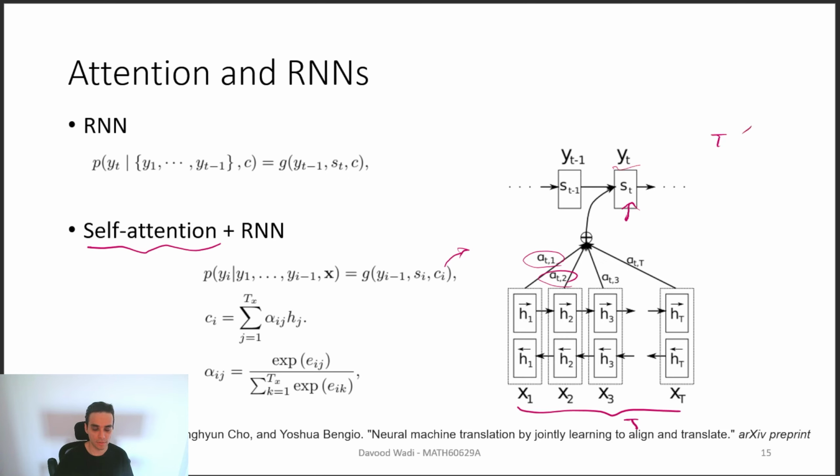So if we have T prime outputs, the number of Ci's would be T times T prime. That makes it computationally more challenging because we have quadratically more parameters to train.